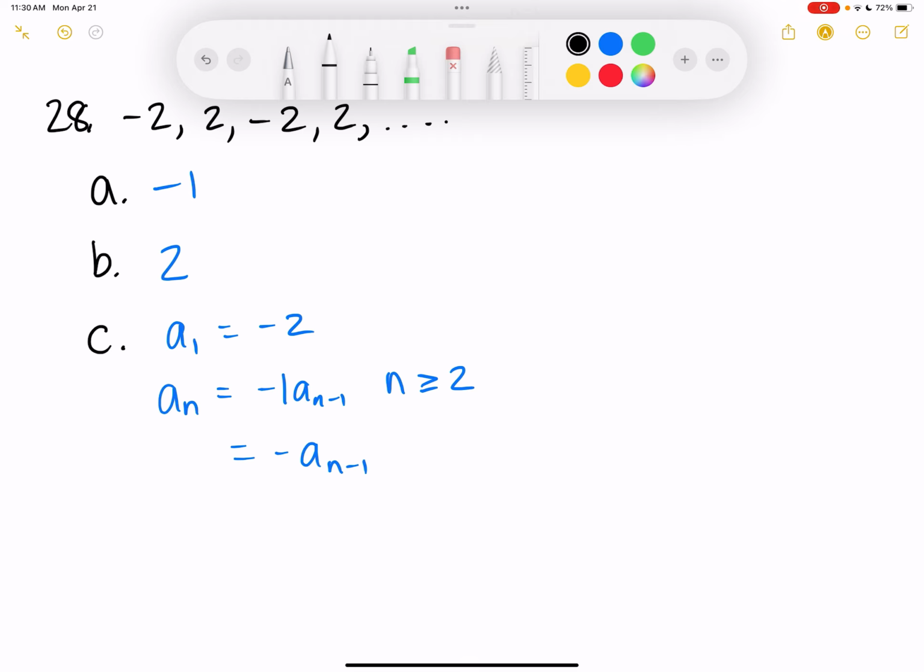What would my explicit rule be? A sub n equals what? -2 times -1 raised to the n minus 1.